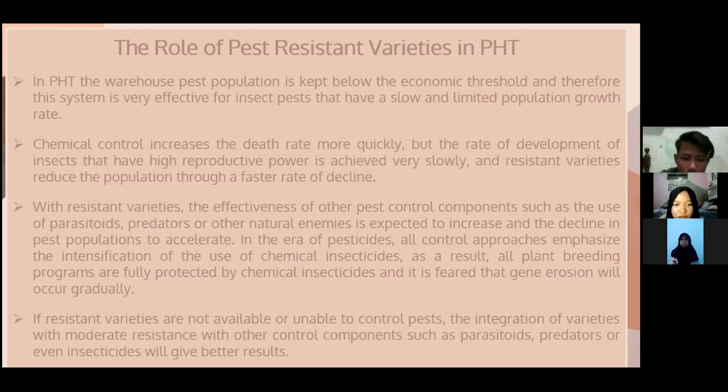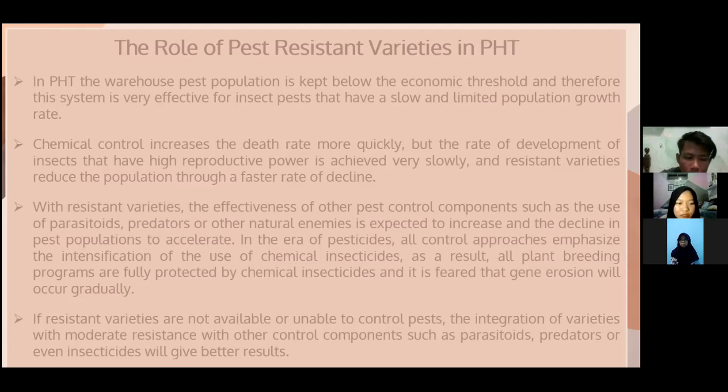In the era of pesticides, all control approaches emphasized the intensification of the use of chemical insecticides. As a result, all plant breeding programs are fully protected by chemical insecticides, and it is feared that gene erosion will occur gradually.